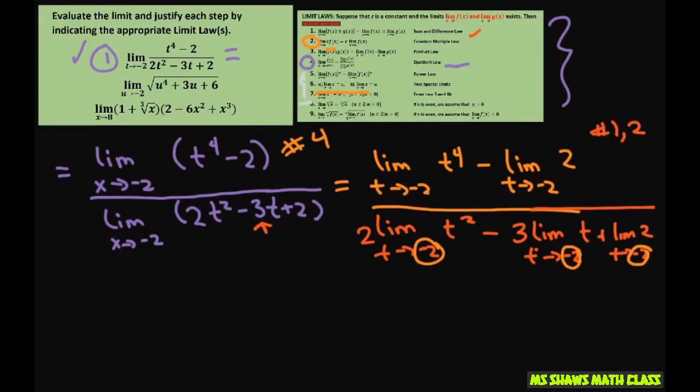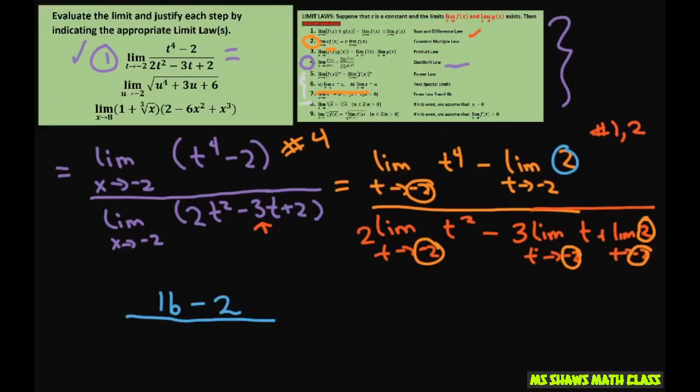So if you just have a constant, you just write that constant. So what we have in the numerator, you plug in negative 2. Let's do a different color. So we're doing the numerator first. Negative 2 to the 4th is 16 minus, and this is one of those, that's a constant. So you're just going to have to write that down, 2.